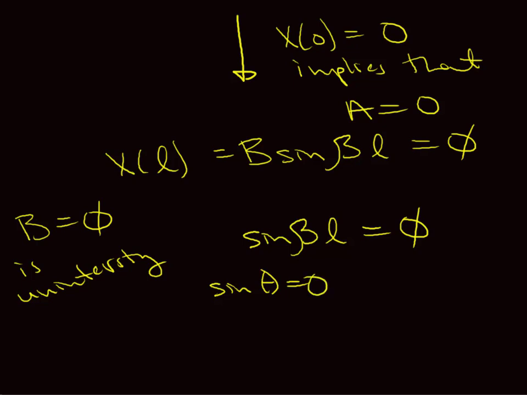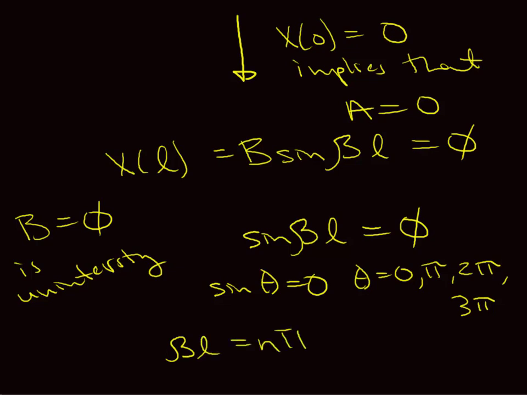And if we were in radians, that would be when theta is equal to 0, pi, 2 pi, and so on and so forth, 3 pi. And so we have this oscillatory function that's coming out. And so we would say that beta L is equal to n times pi, where n is equal to 1, 2, 3, 4. And this should be eerily familiar.